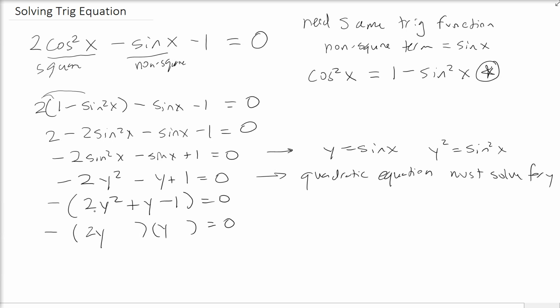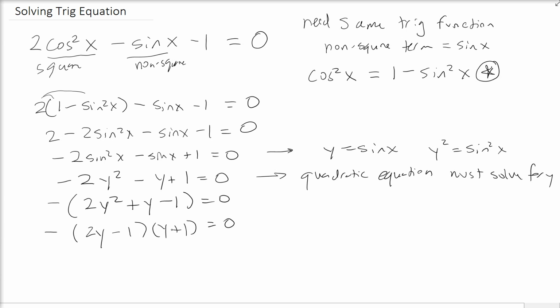Well, we have a 2y squared here, so that first part's going to be a 2y. This will be a y on the second part. A minus 1 means that these two numbers have to multiply to 1, and one of them has to be positive, the other negative. You just have to do trial and error in checking which is which. And in this case, this is the configuration that works to multiply out.